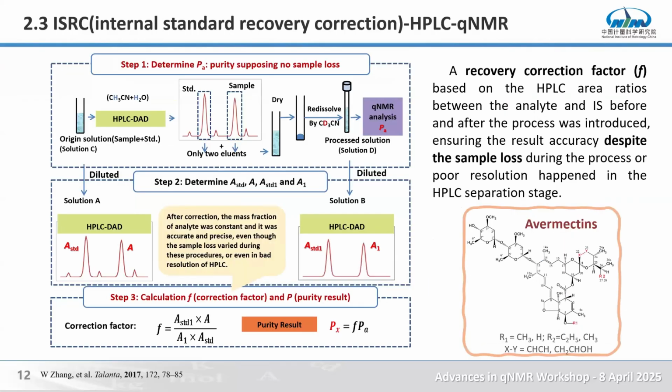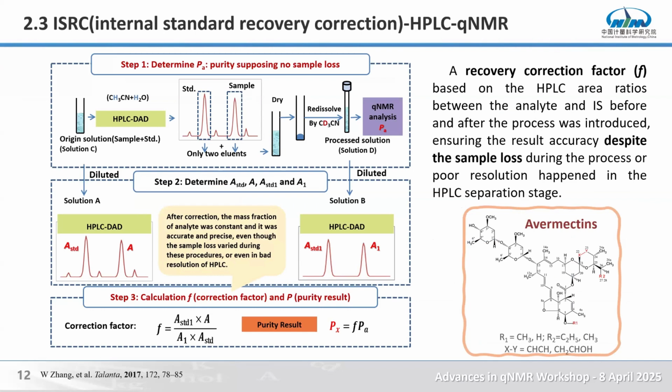So to solve this problem, the ISRC internal standard recovery correction PBeses qNMR method was proposed. In this method, a mixed solution of sample and an internal standard was separated by PBe and the common mobile phases, and only the eluate of the analyte and the internal standard were collected in the same tube.